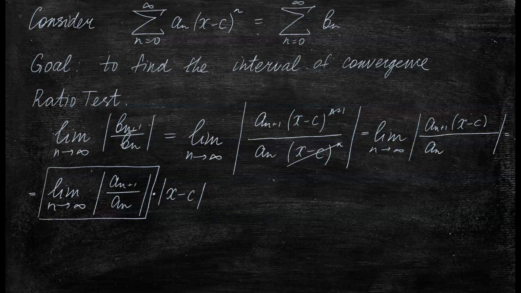So if we assume that this entire limit is equal to L, of course there will be some work done over here, but if we for a second assume that that limit is equal to L, then this whole expression can be rewritten as L times the absolute value of x minus c, and we know that by the ratio test this series converges whenever the limit that we set up is less than 1.